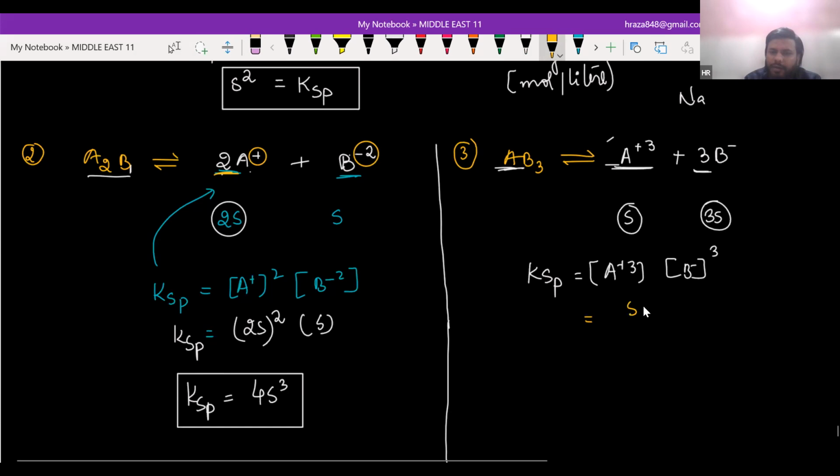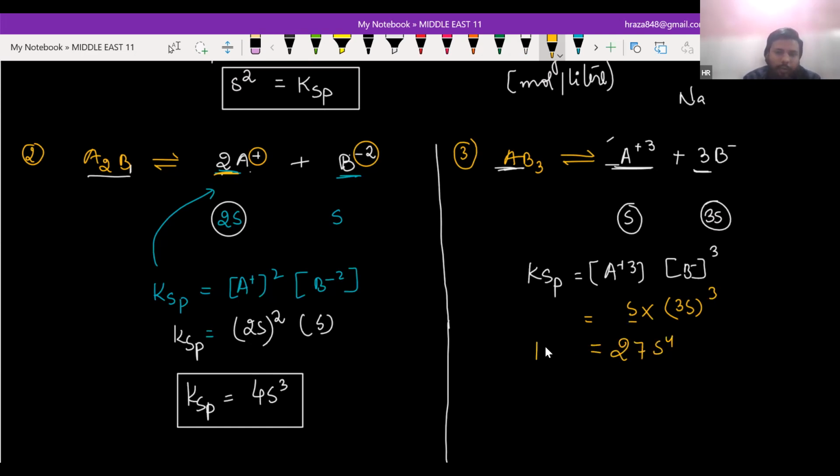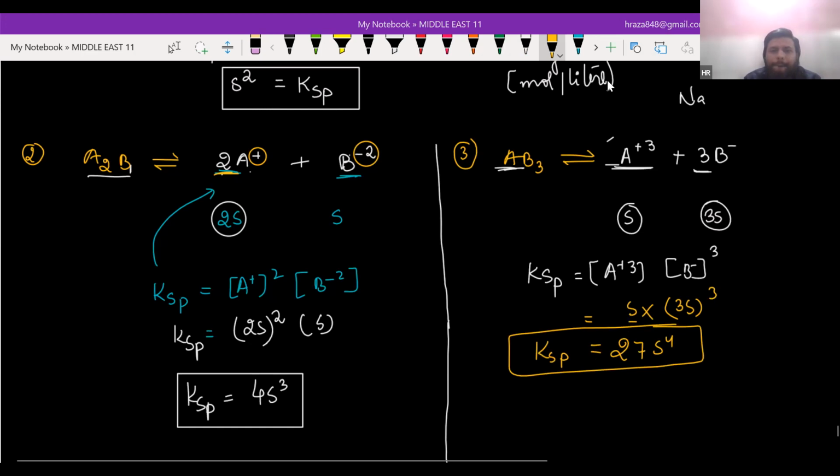Again, A plus 3 has solubility S and B has solubility 3S raised to the power 3. So 3S cubed, that means 3 3s are 9, 3 9s are 27. 27 S cube into S will be equal to 27S raised to the power 4. Not 3S cube.